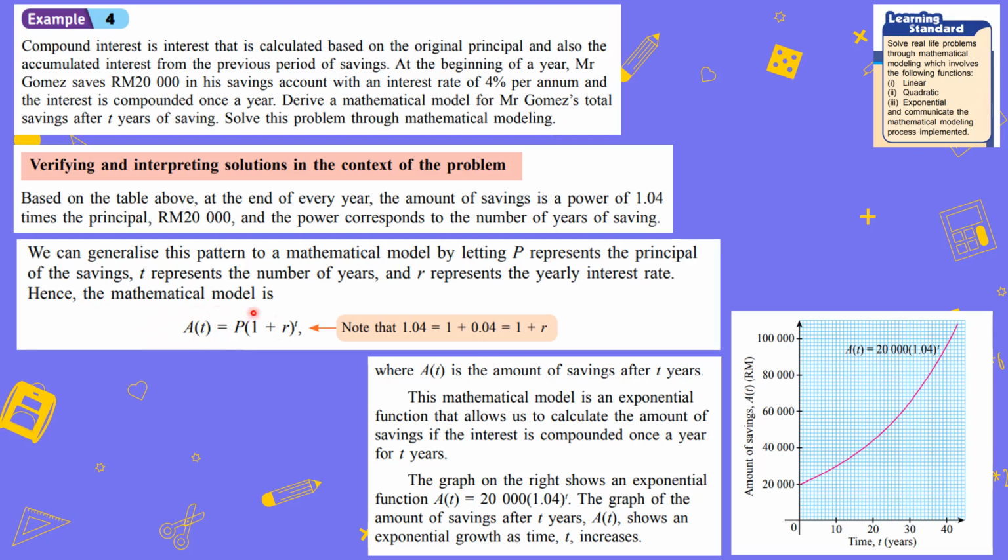So this is the mathematical model to get the amount of savings at the end of the year. Since the power is T, it is an exponential function, and this is the graph of the exponential function.